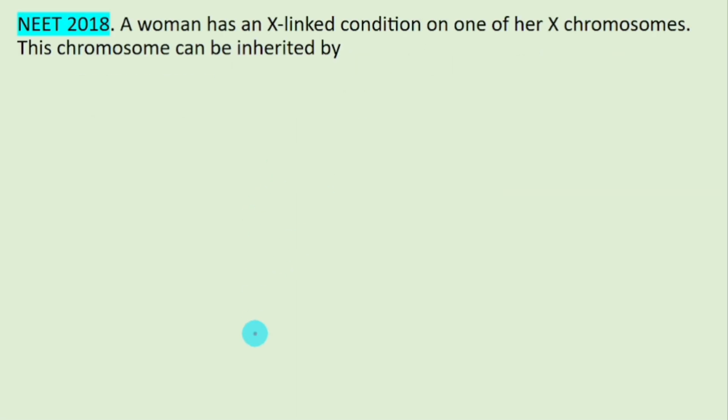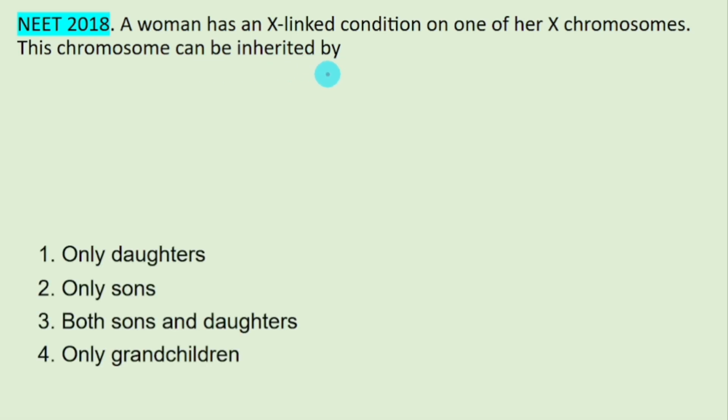Now, based on this topic, we have few questions. A woman who has X-linked condition on one of her X chromosome, this chromosome can be inherited by, so it can be inherited, X chromosome can be inherited by both sons and daughter.